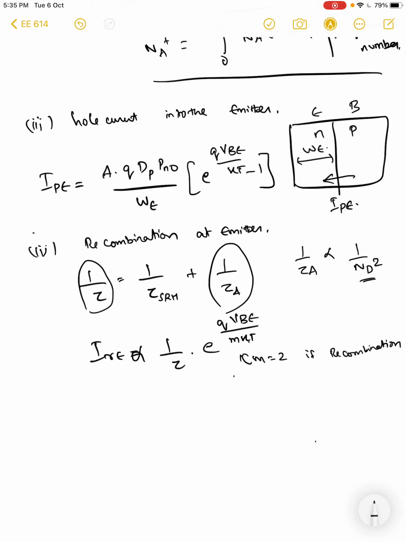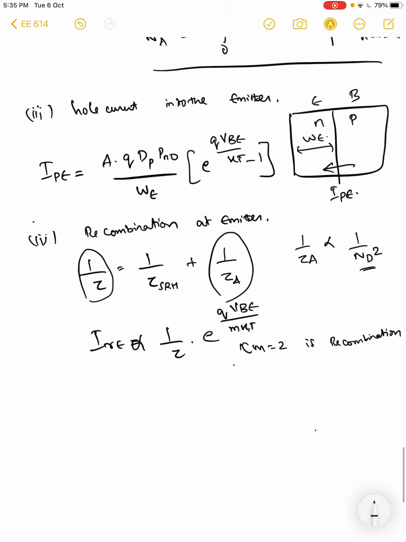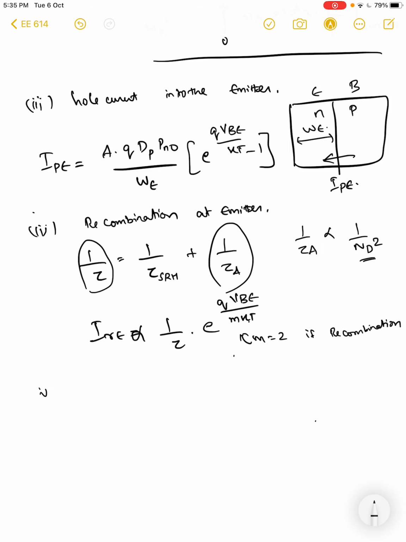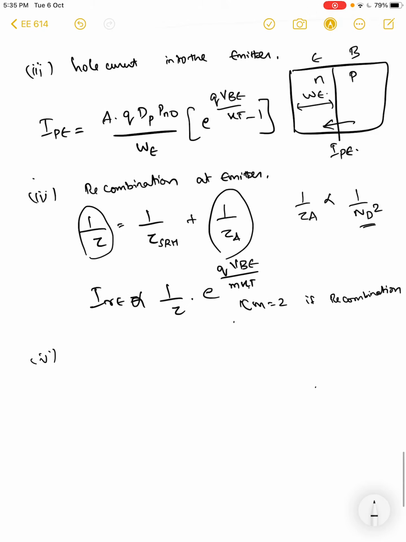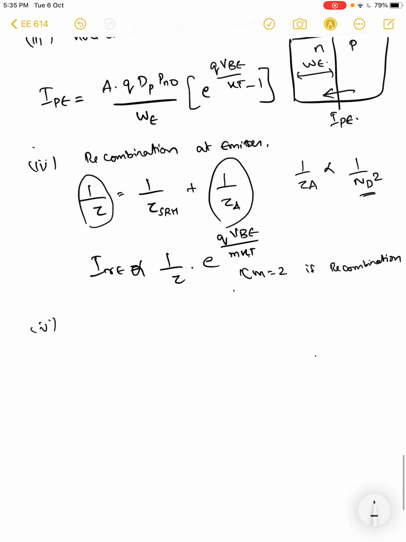We have seen this previously in our discussion on the effect of recombination generation in PN junction diodes, non-ideal contributions, right? And the last component is the reverse saturation current, IC naught, the collector current.